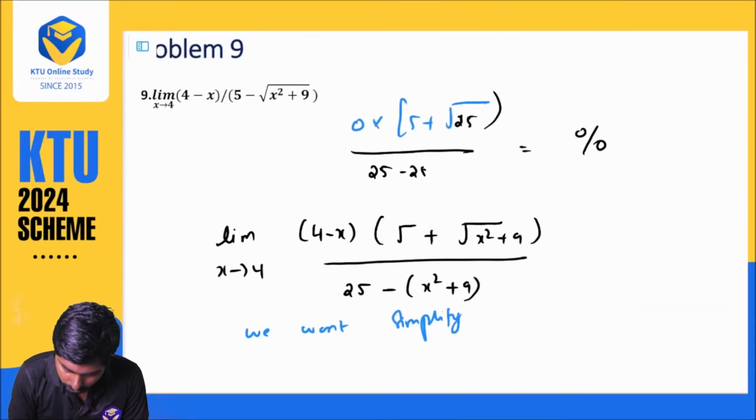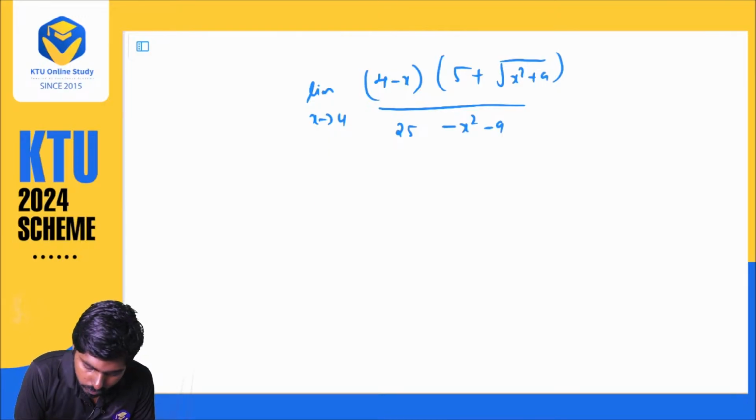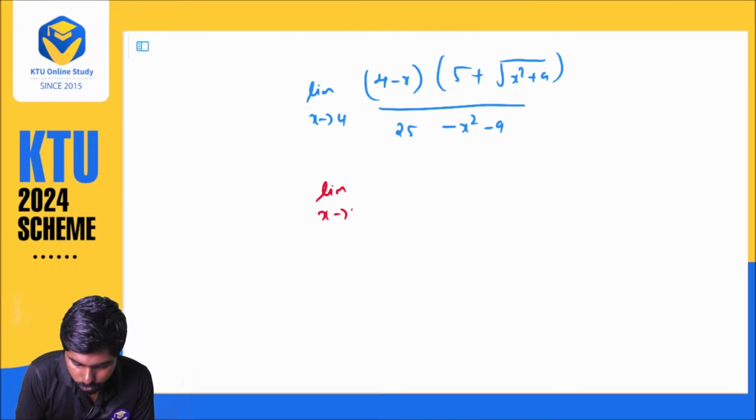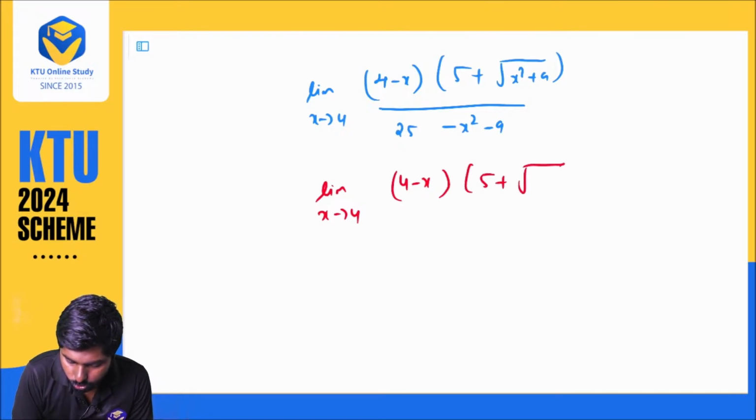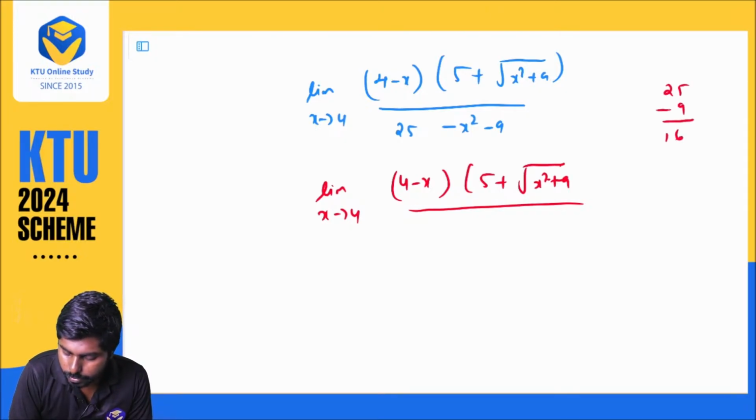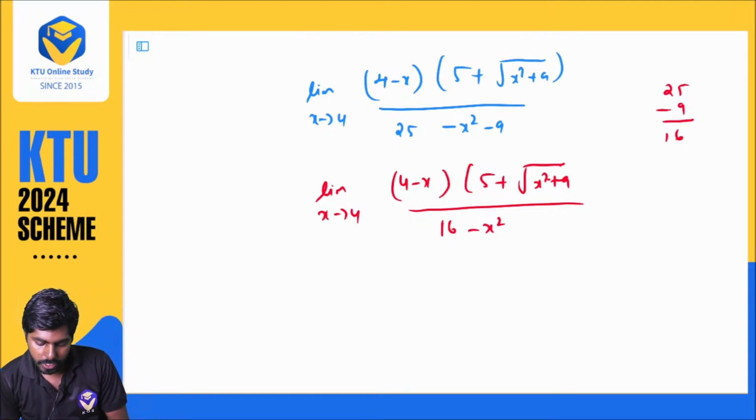This minus is multiplied for both terms. Okay, so what we will be getting? Limit x approaches 4, 4 minus x into 5 plus root x square plus 9, here 25 minus 9, that is 16. So we are getting 16 minus x square.